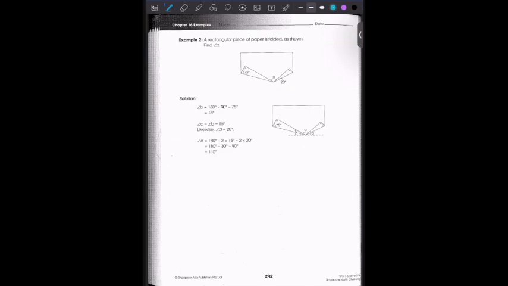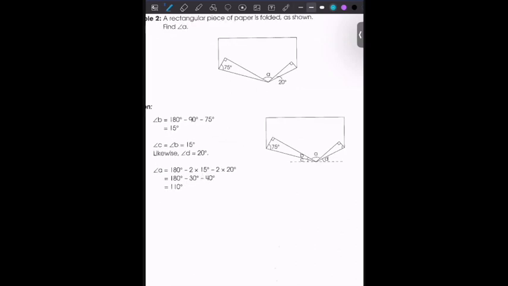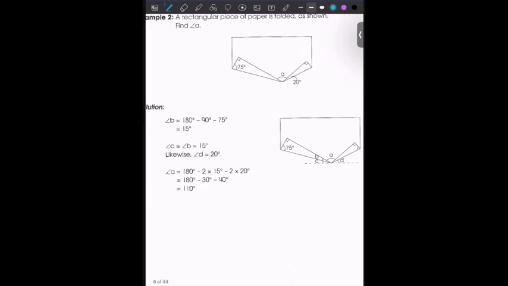And we have example 2. In example 2, a rectangular piece of paper is folded as shown, and it says find angle A here. So we're first going to look for this angle here, and we're going to call it angle B. Since we know that this is a right triangle, the right angle is going to be 90 degrees.